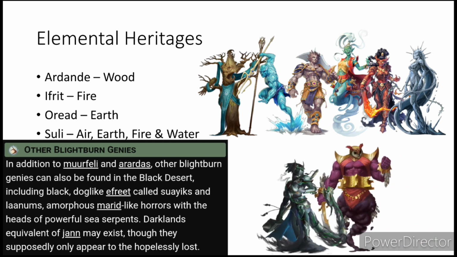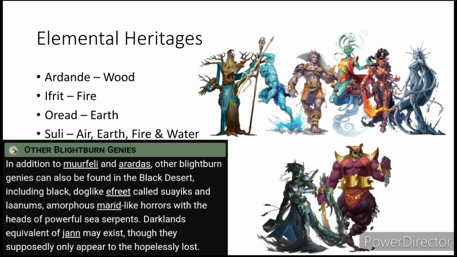We have 2 known as the Mufeli and Arardas, which are evil variants of the air and earth elementals respectively, or the genies of elemental air and earth. But there's supposedly an evil version of Jan, who is a combination of all 4 elements. But we don't know for sure if it actually exists.